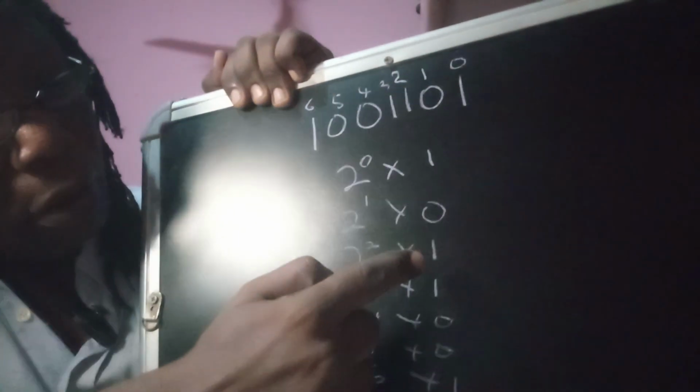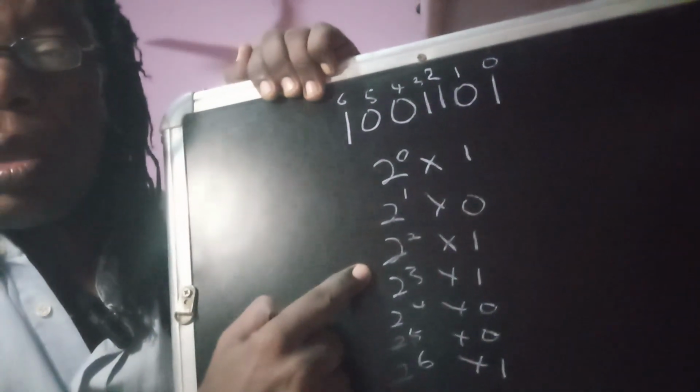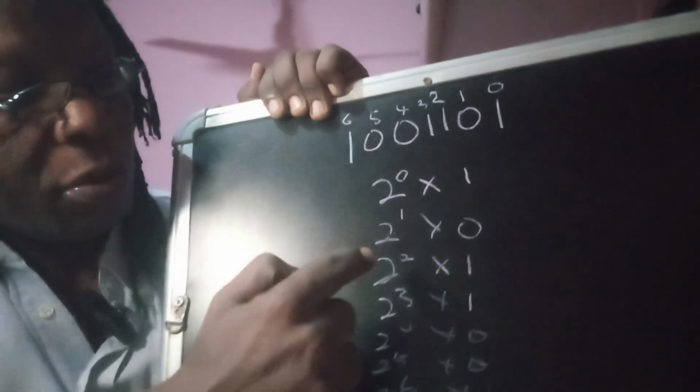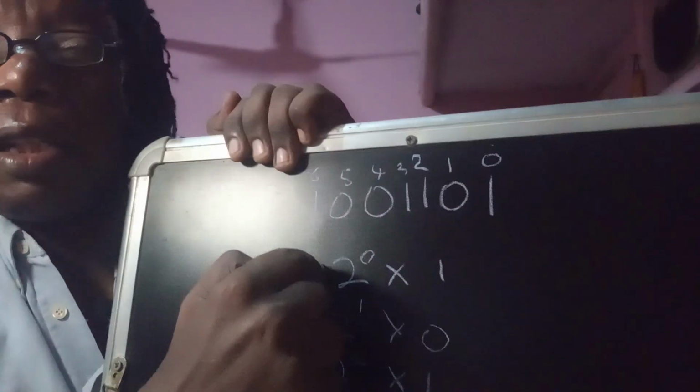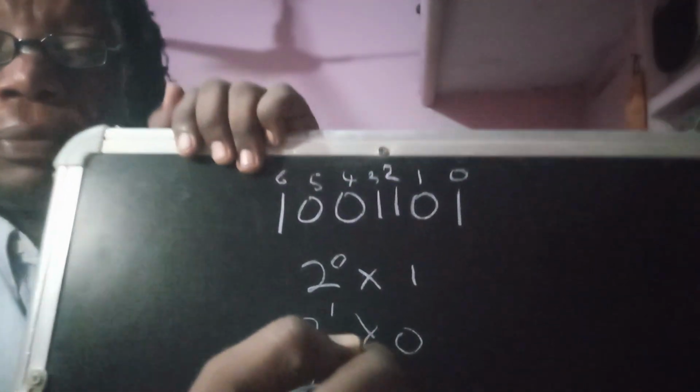So we're going to get the answer. Any number raised to power 0 is 1, so 1 times 1 is 1.